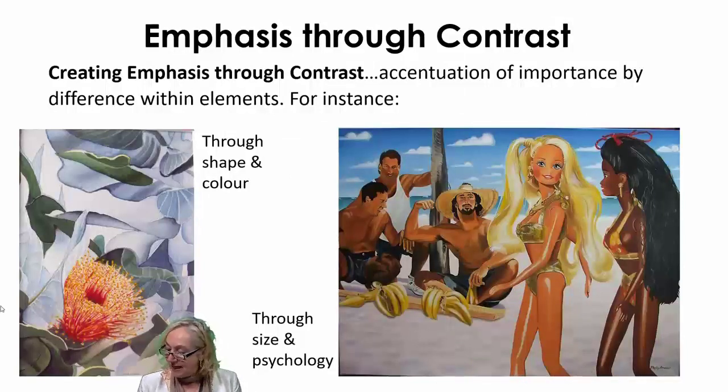Now we're going to look at another design principle known as creating emphasis through contrast. So this is really fun to do, and it's easy to do. So you guessed it, we're creating contrast, which causes a focal point to happen right there where the flower is.